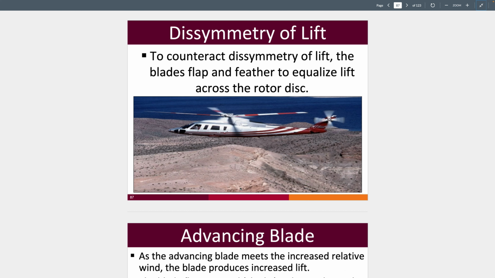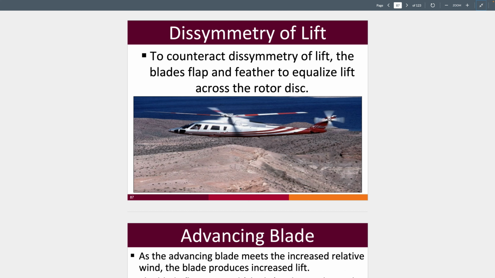Yeah, so these are the blades feathering. This is the feathering motion where the blades change their pitch. And flapping would be movement of the blade assembly up or down relative to the center of the hub or the plane of rotation. Why is this important to know?